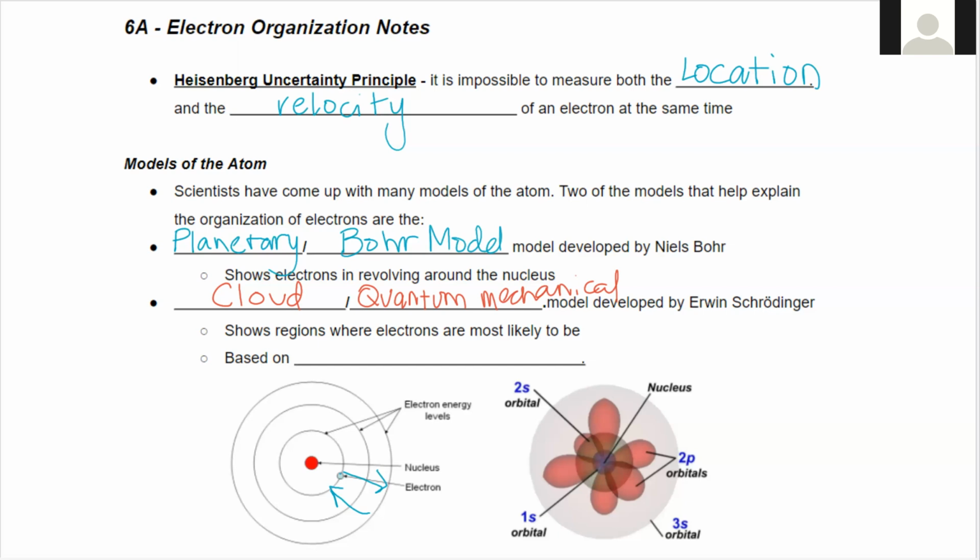So it's not saying that these areas are full of electrons. It's just saying that a certain electron is likely to be in this space, and a certain electron is likely to be in this space or this space, and so on and so forth. And this model is based in probability.